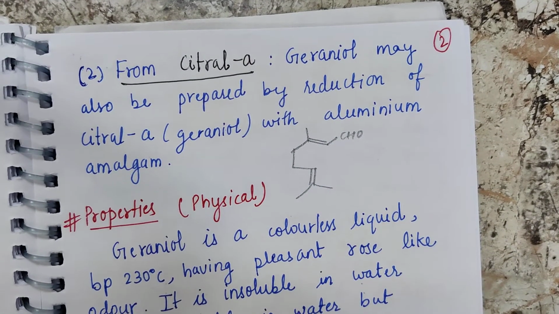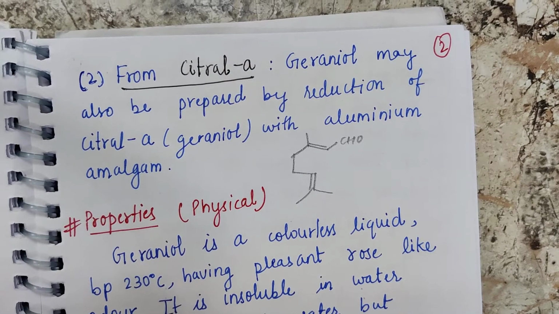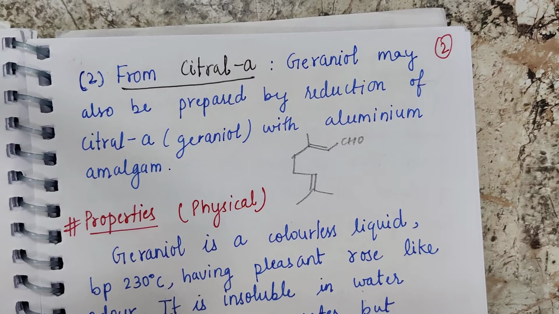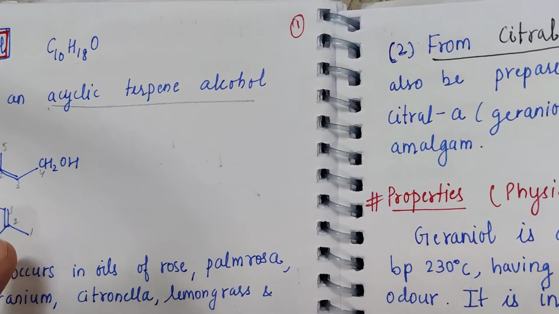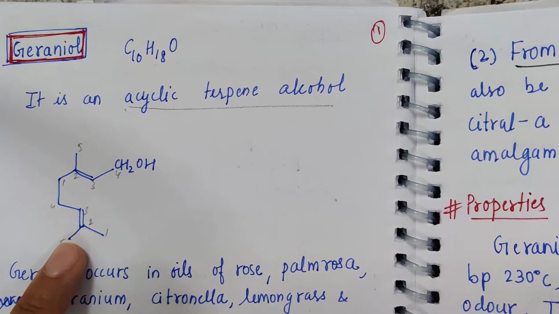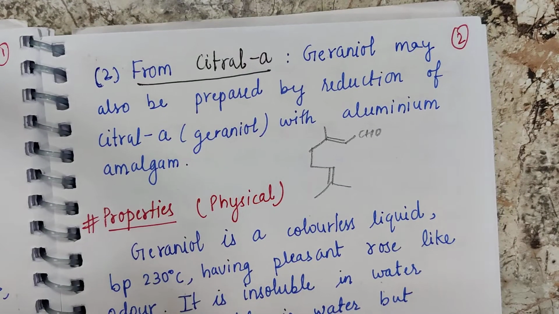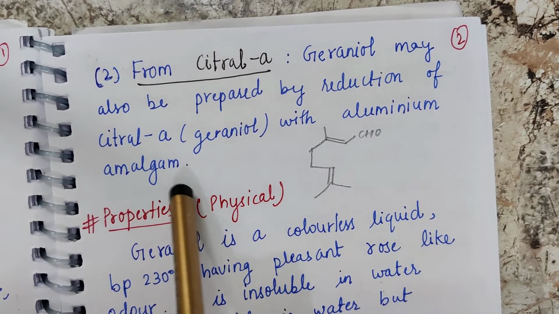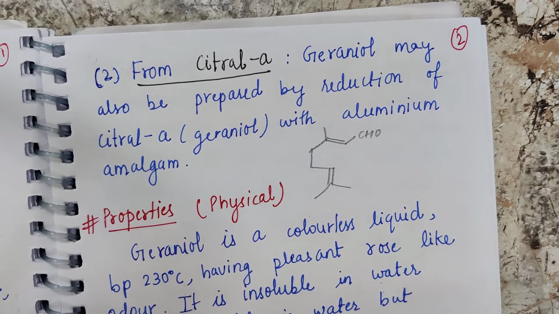This is the structure of citral A, and this is the structure of geraniol. So what is basically happening? Citral A is reduced with the help of aluminium amalgam and geraniol is obtained. This is the second method of preparation.